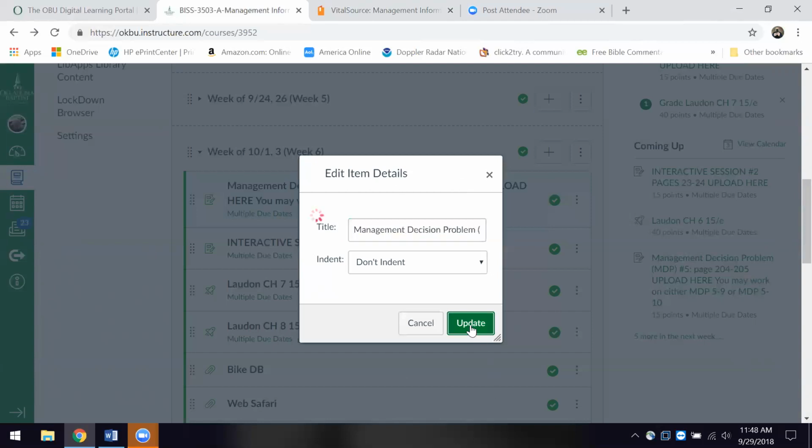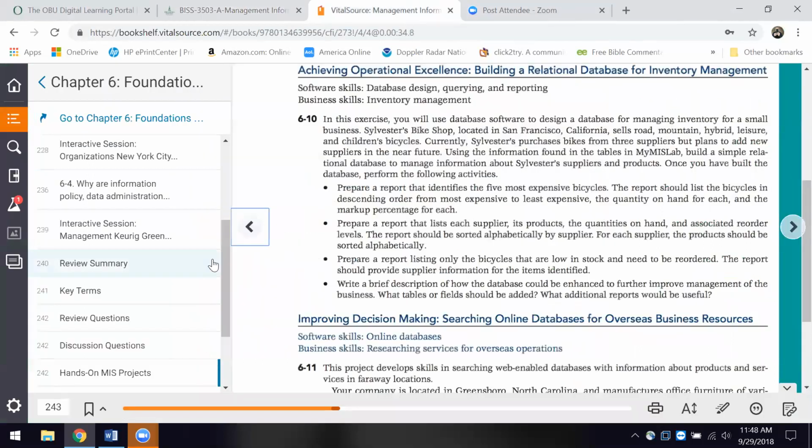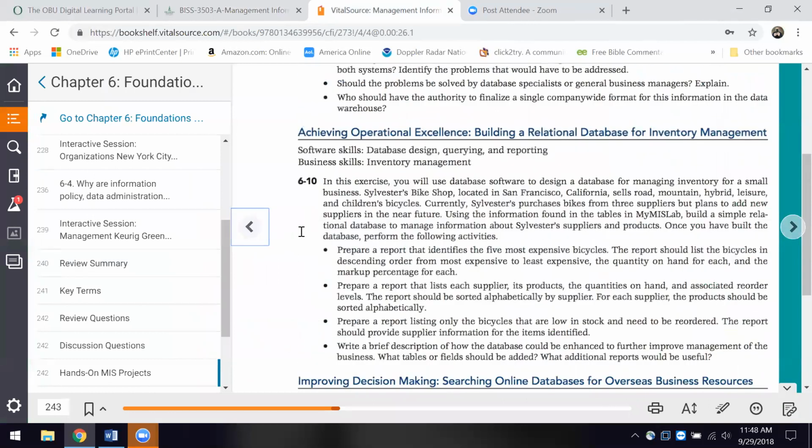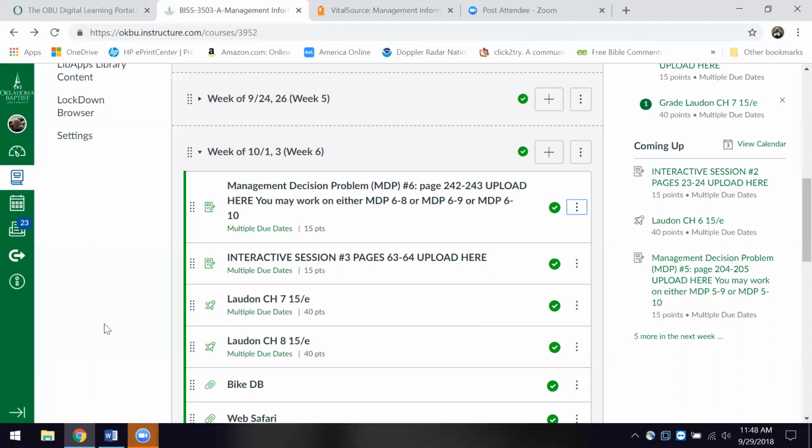Now I remember, it's coming back to me. That's why I included the bike DB, because if you choose to do management decision problem 6-10, you'll need to use that bike DB file that's over there. Okay?